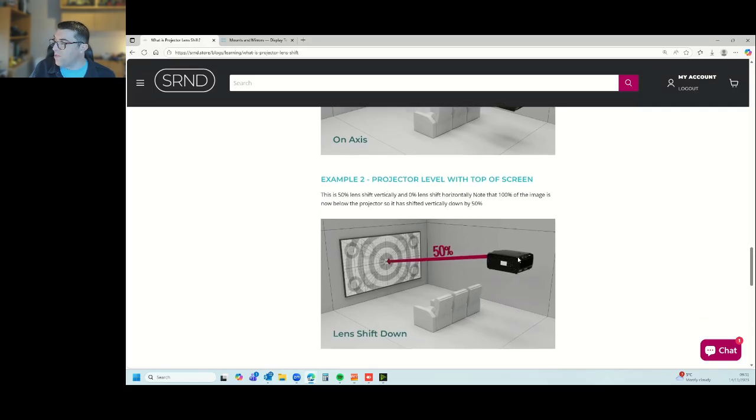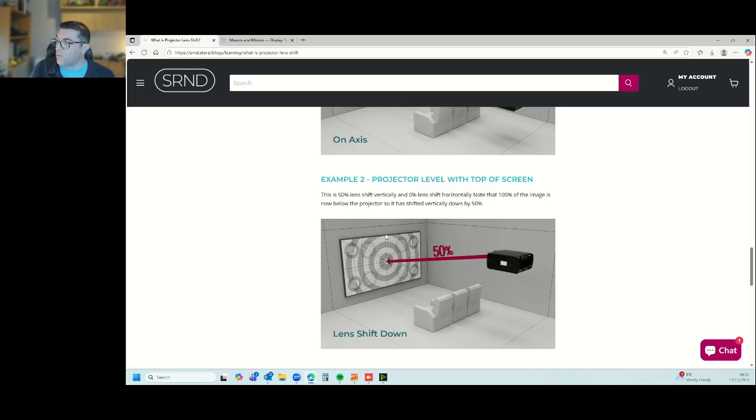If we would move the projector so that the projector was level with the top of the screen. Remember, if this was on axis, the middle of the screen would now be right on the top of the visible screen there. Half of the image would be overscanning the screen.